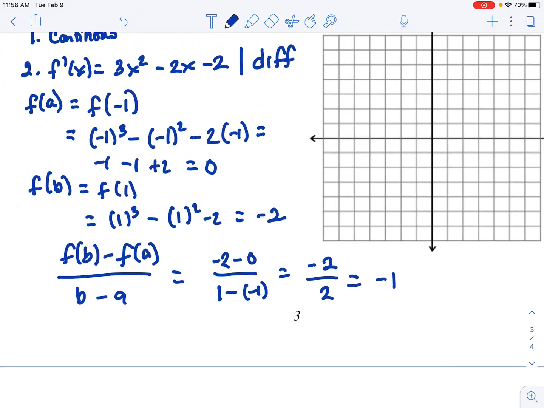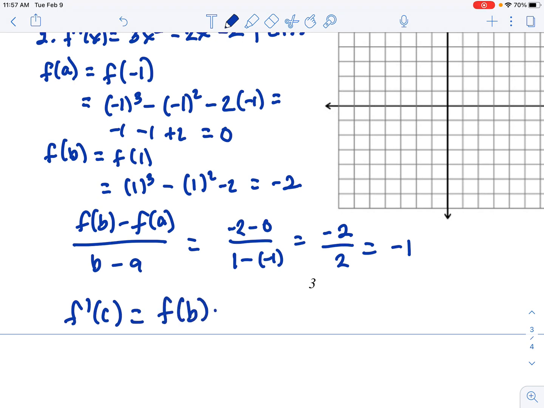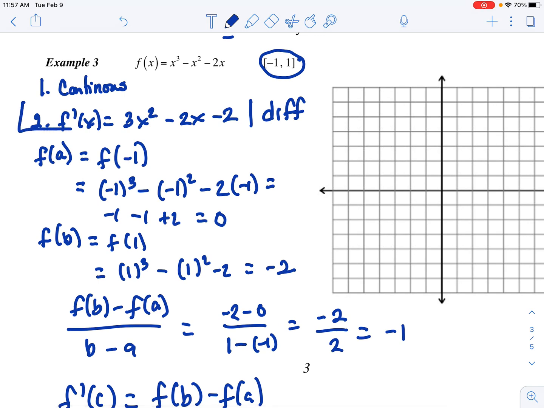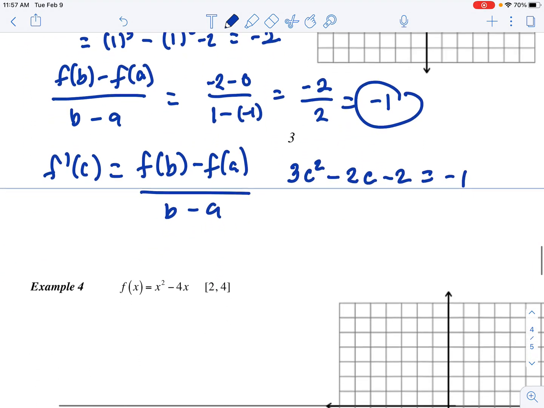What do we still have to find? C. Okay, we're using that f prime of c is equal to f of b minus f of a over b minus a. So our f prime is up here. We're just going to plug c's where all those x's are. So we have 3c squared minus 2c minus 2 equals negative 1.